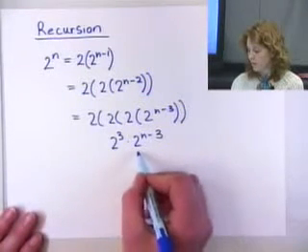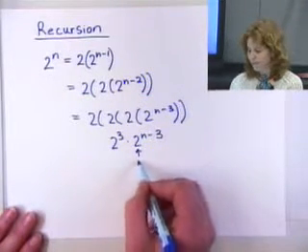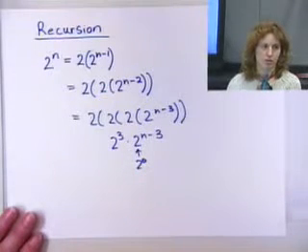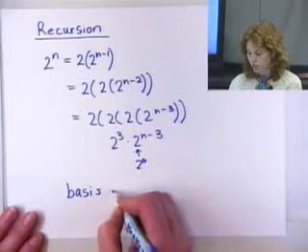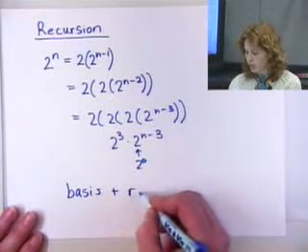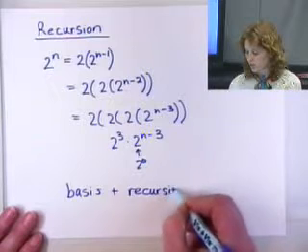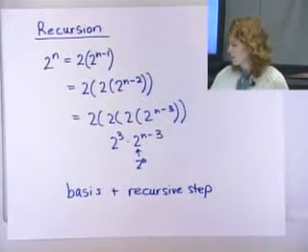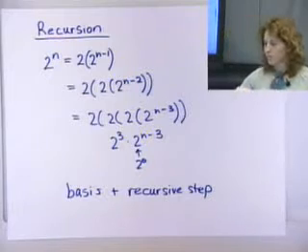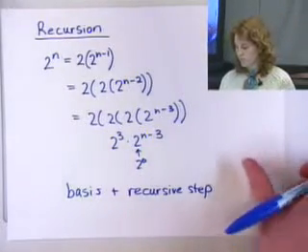So eventually you would want this one to be 2 to the 0, right? So you have to define what 2 to the 0 is. So in recursion, you have to have a basis. And instead of an inductive step, we'll have a recursive step. So we'll keep working with this example of 2 to the n.